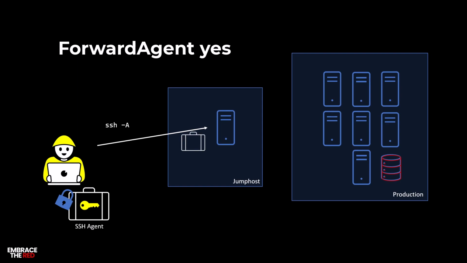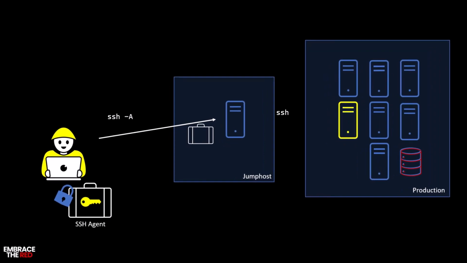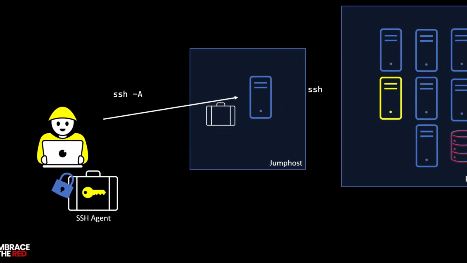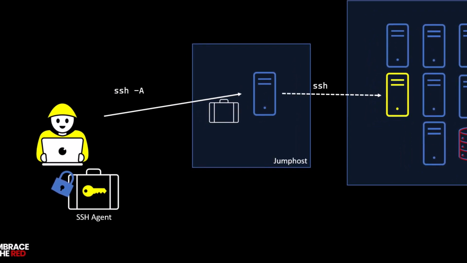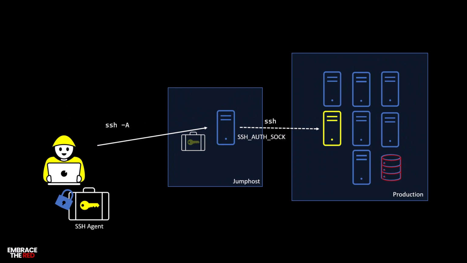On this jump host, another agent will be launched that then provides access to Bobby's key on Bobby's machine, and then Bobby can perform an SSH command to pivot into production on any of the hosts that he wants, for instance, to debug. When he performs the SSH command, it will look up the SSH authentication socket. There's an agent running, and that will give access to the agent that runs on Bobby's laptop. And then Bobby is granted access into production.